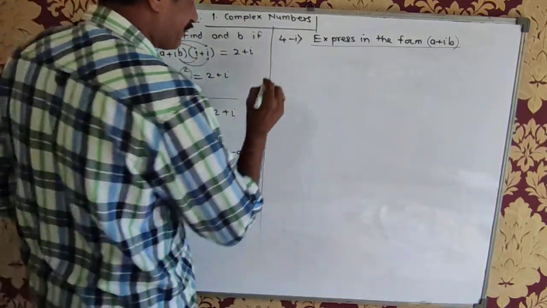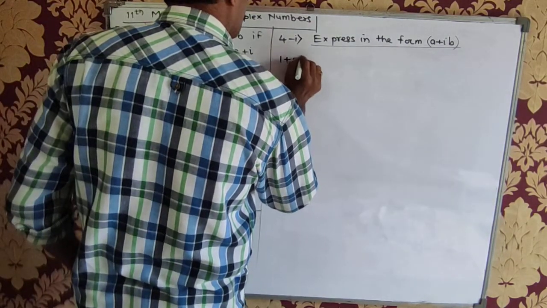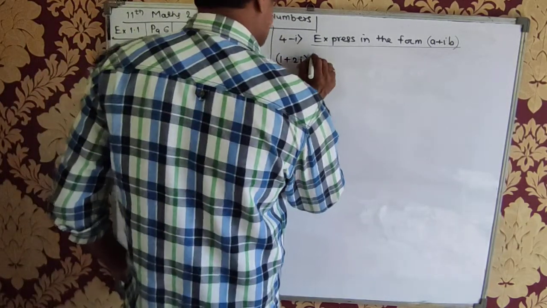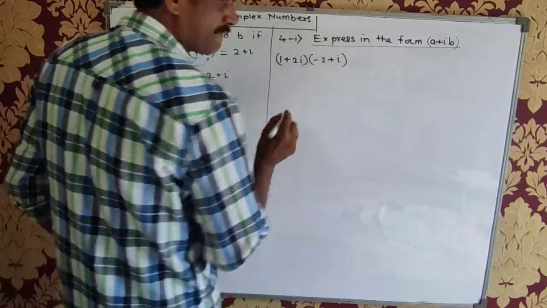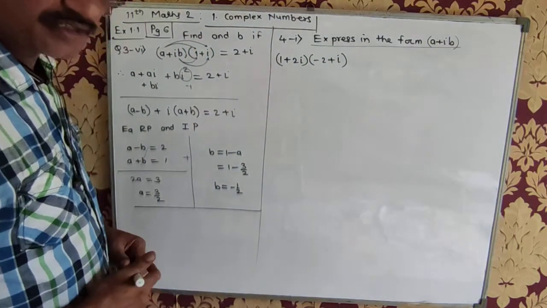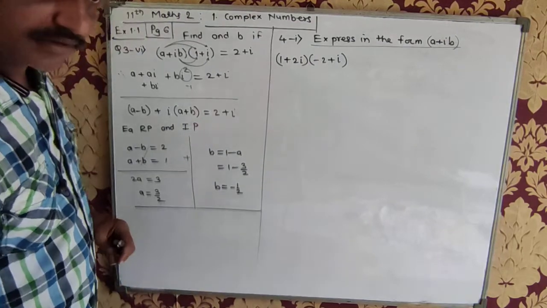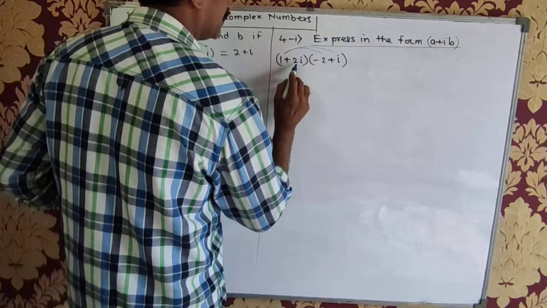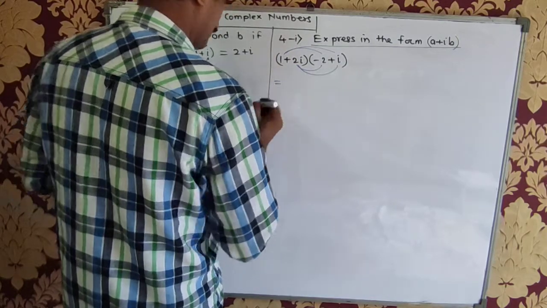1 plus 2i into minus 2 plus I. Please check the sum. You just have to open the brackets here. Very easy, very simple. So what do you do? Just have to open it like this. What do you get there?